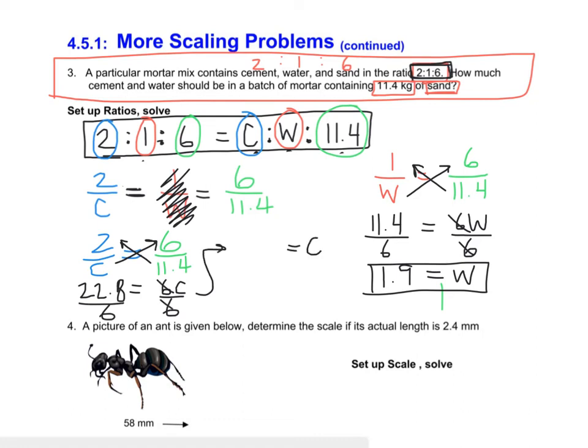When I divide this by 6, I get C. And on the other side, when I divide 22.8 by 6, I get 3.8 as how much cement should go in there. Therefore, and you could end off with a therefore statement, there should be 3.6 kilograms of cement and 1.9 kilograms of water mixed with this 11.4 kilograms of sand.